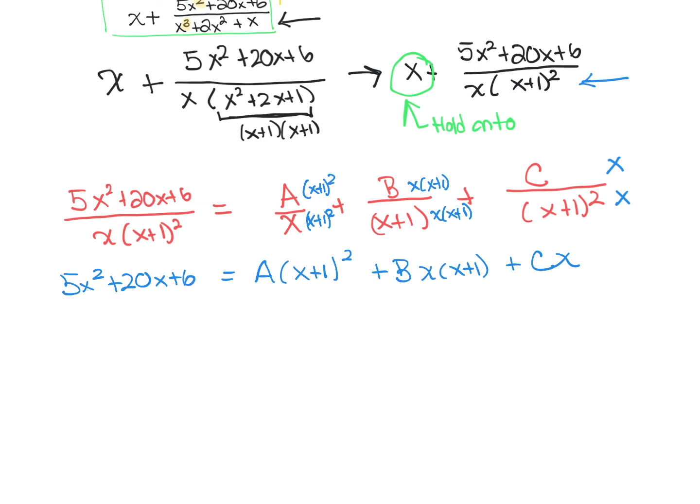Now the critical key values of x occur again from right here in this denominator. What happens when you let the denominator equal 0? So my key values of x are x equals 0 and x equals -1. So we're going to plug those in one at a time and solve for our variables, and we're plugging these into this equation right here. So let's do that.